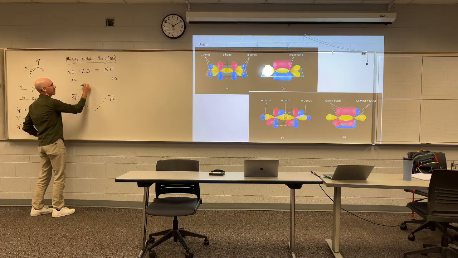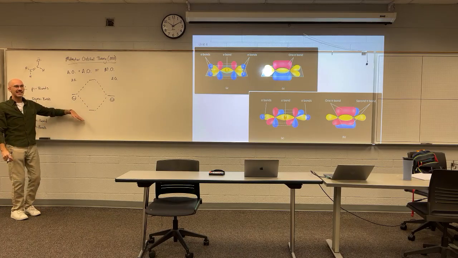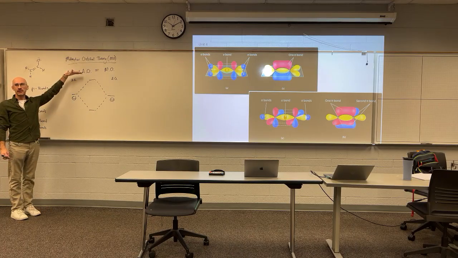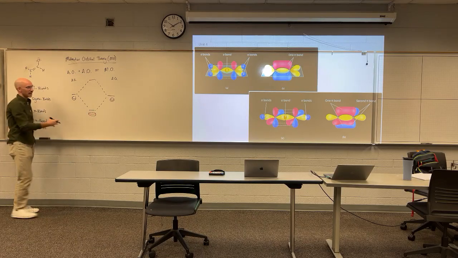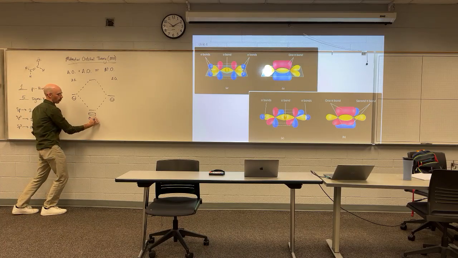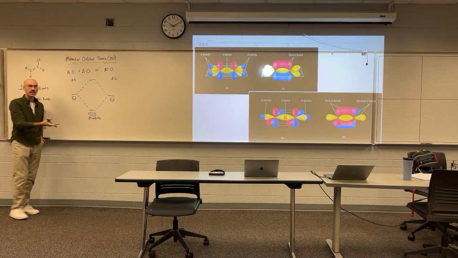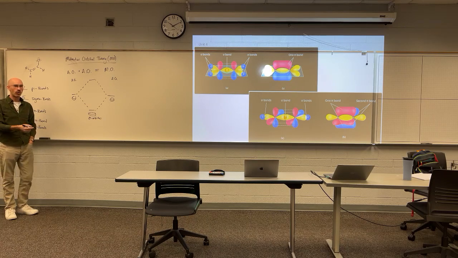And if they're out of phase, meaning one is plus and one is minus, they destructively interfere, they destabilize their energy. And we call this no longer an s orbital, but we call it a sigma orbital because it represents a sigma bond that has been created.